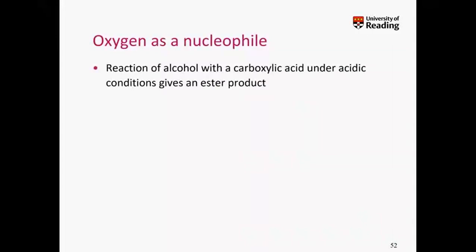If we react an alcohol with a carboxylic acid group under acidic conditions, we're going to get an ester product. So here we have our carboxylic acid, here we have our alcohol, we've got acid in our reaction mechanism, and ultimately we end up with an ester. In this case we get an ester and we get water.